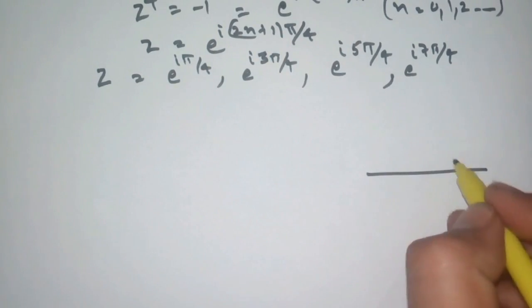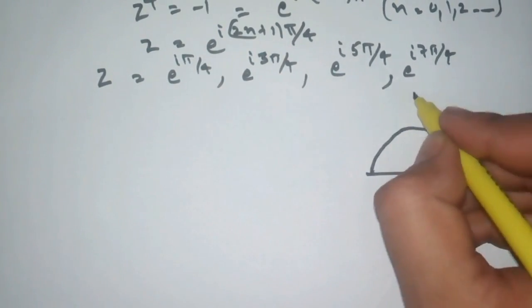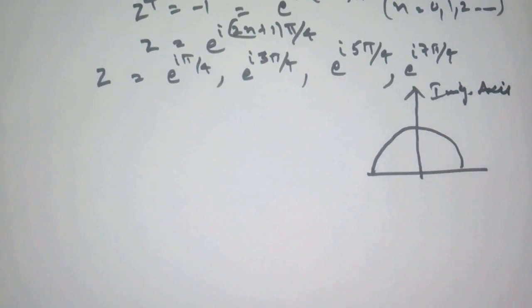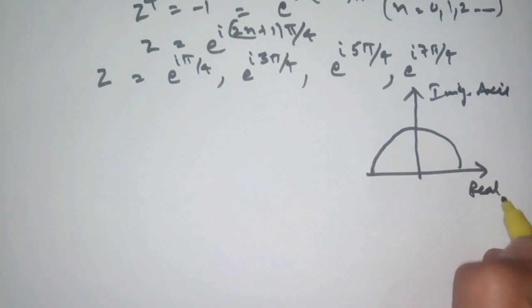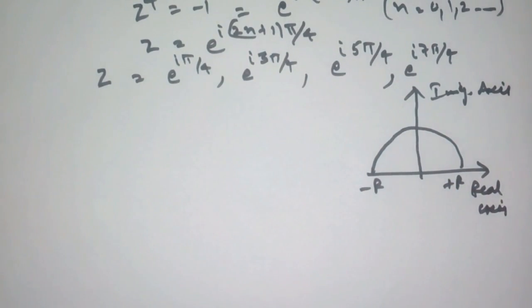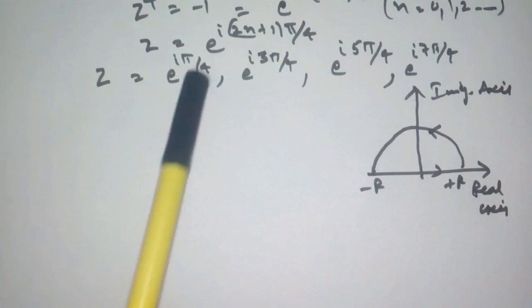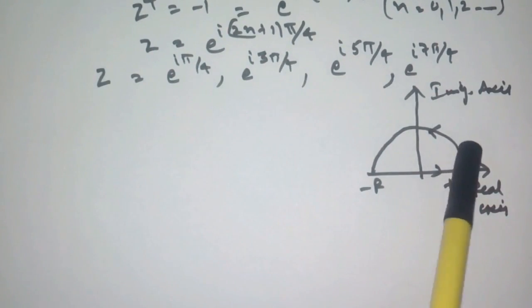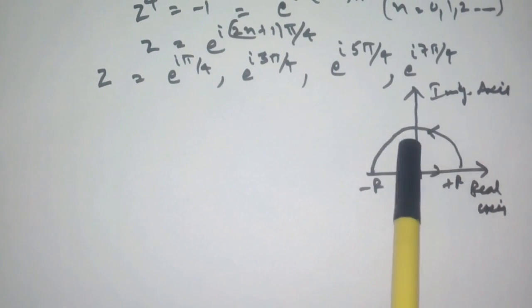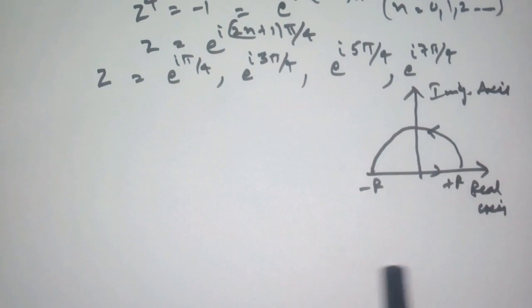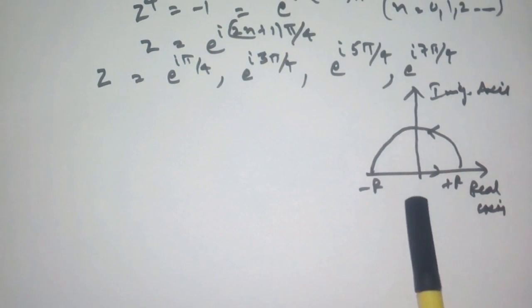Now let's say this is the contour, imaginary axis, this is real axis, plus r, minus r. Now here you can see that pi upon 4 and 3 pi upon 4 will exist in the upper part of the contour, and 5 pi upon 4 and 7 pi upon 4 will exist in the lower part. So that will not exist under the contour.